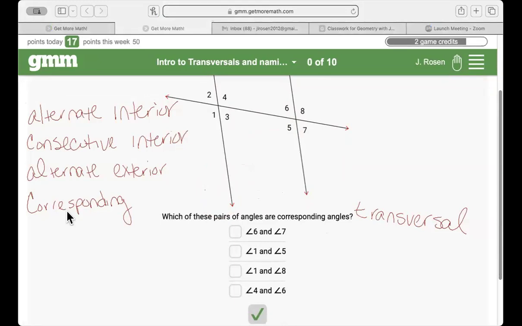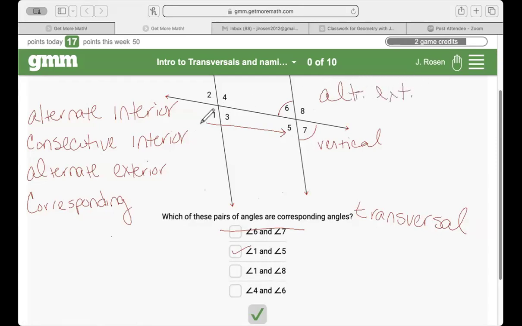So we're looking at 6 and 7. Well, 6 and 7 are vertical angles, right? So those are not corresponding. So that's out. 1 and 5, if we took this group and slid it straight over here, yes, those would be in the exact same location. 1 and 8, those are actually alternate exterior, right?